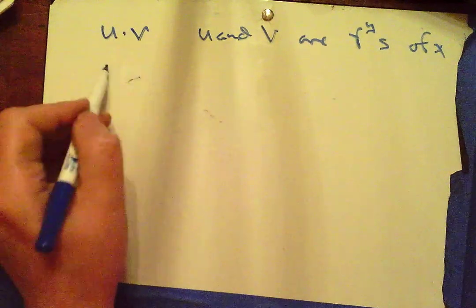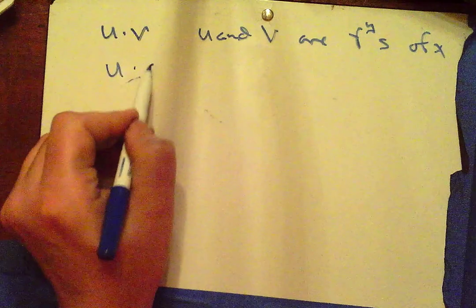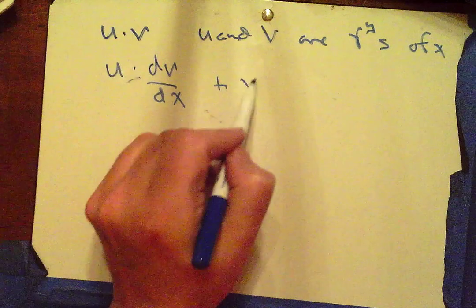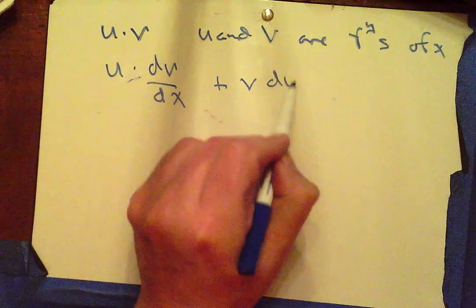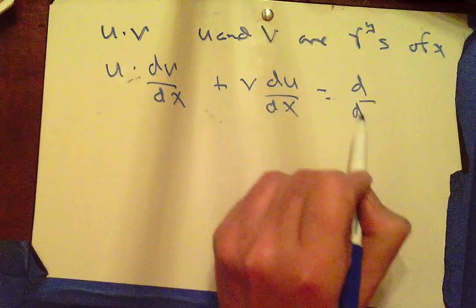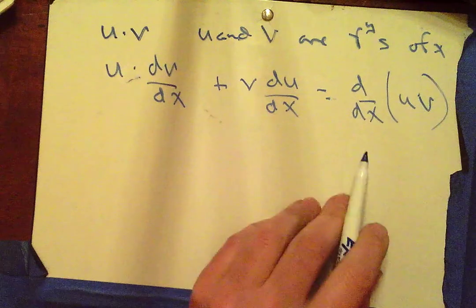This times the derivative of that, dv dx, plus this times the derivative of that with respect to x. And that equals me taking the derivative with respect to x of u times v.